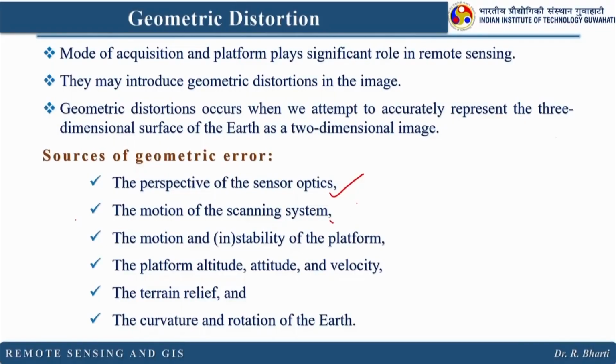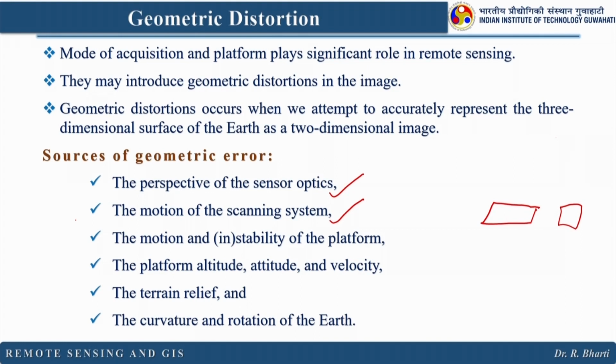The sources of geometric errors are like the perspective of sensor optics, and the motion of the scanning system, how it is moving. If the orbit is defined, like if it is a low inclination angle orbit, and it is moving at a particular x velocity, and if that has changed slightly during the measurement, then this pixel which was supposed to be like this will be like this, right.